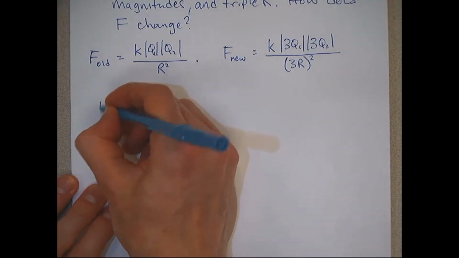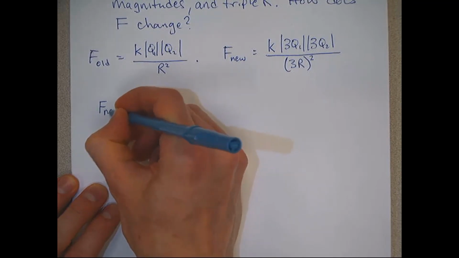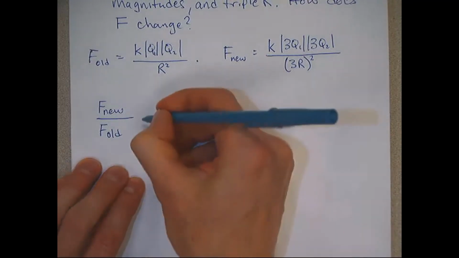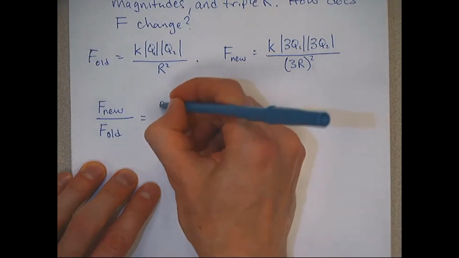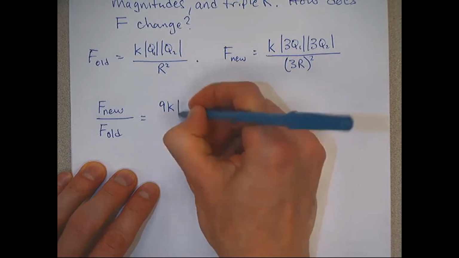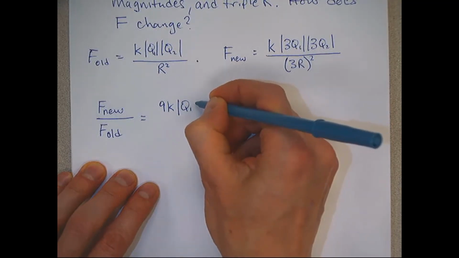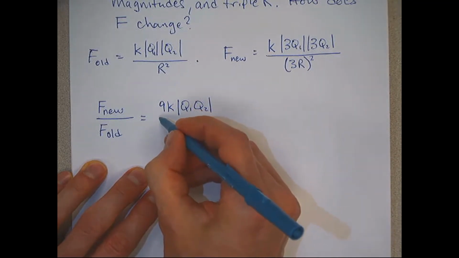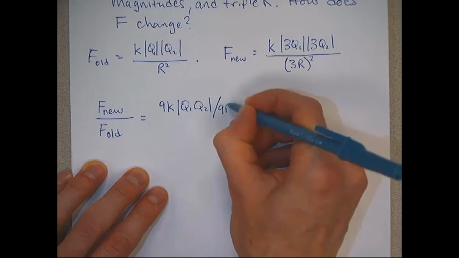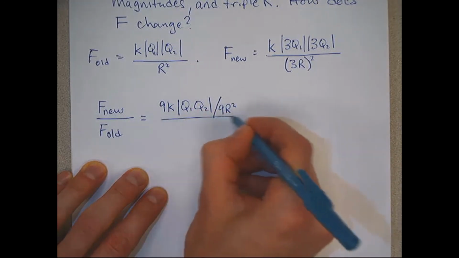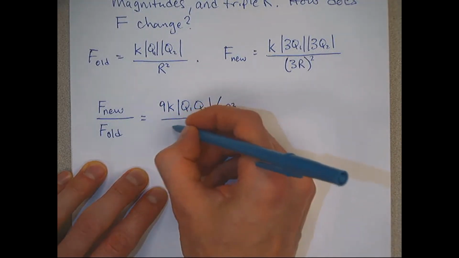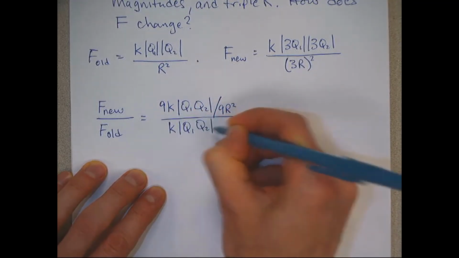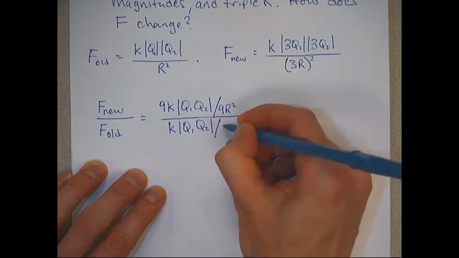So if we look at the change as a ratio, say the new force magnitude over the old force magnitude, you have 9K Q1 Q2 divided by 9R squared for our new force, and our old force was simply K magnitude Q1 Q2 over 1R squared.